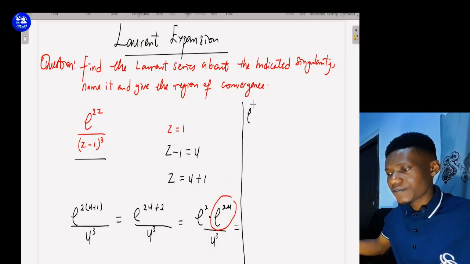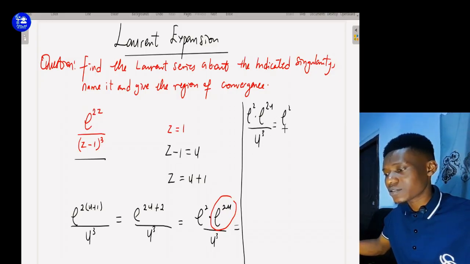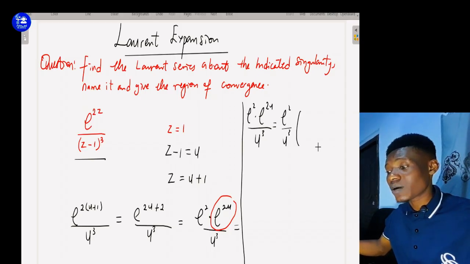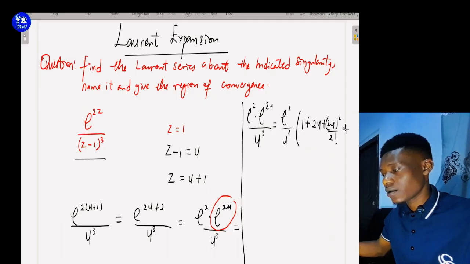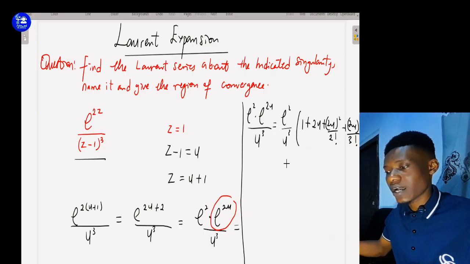So now e raised to power 2 multiplied by e raised to power 2u over u raised to power 3 is the same thing as e raised to power 2 over u cubed into, now we want to bring in e raised to power 2u, which is the same thing as saying 1 plus 2u plus 2u squared over 2 factorial plus 2u cubed over 3 factorial, and so on.